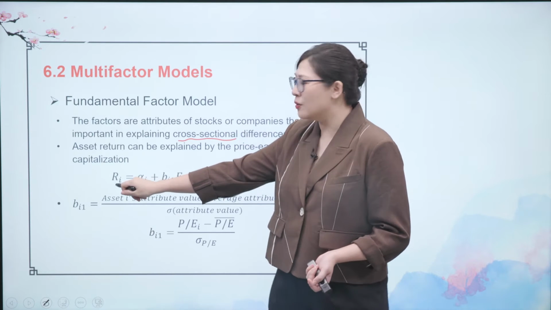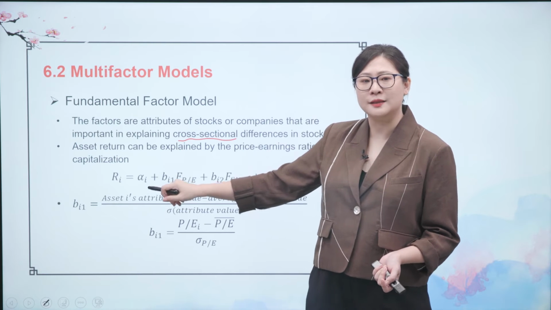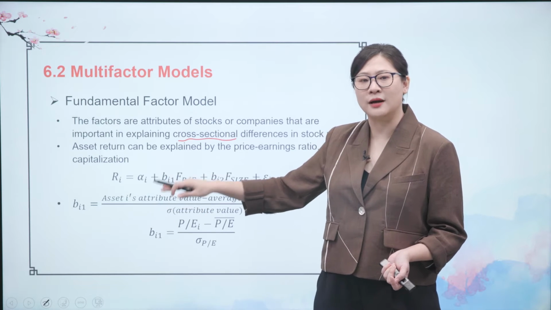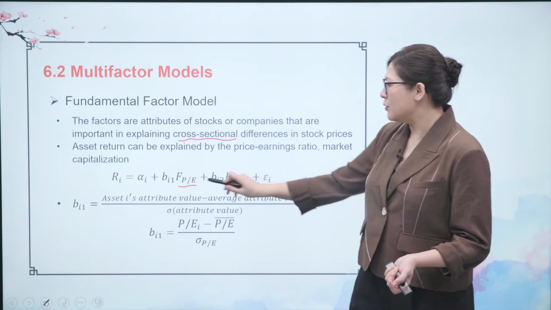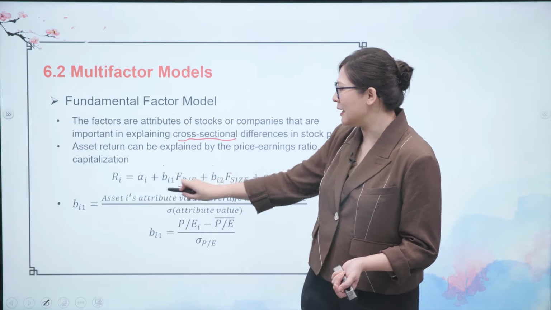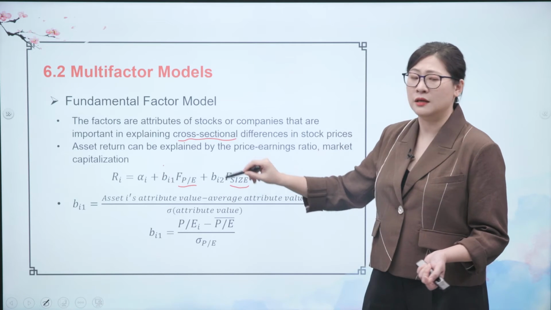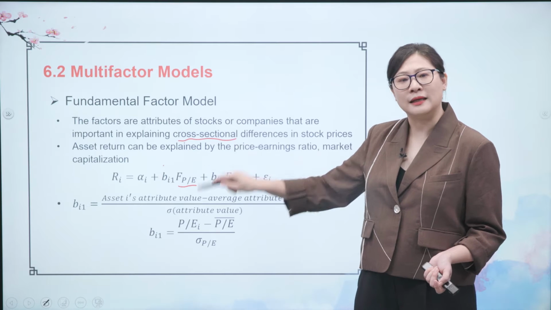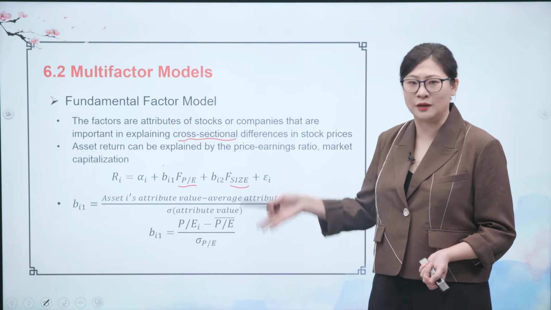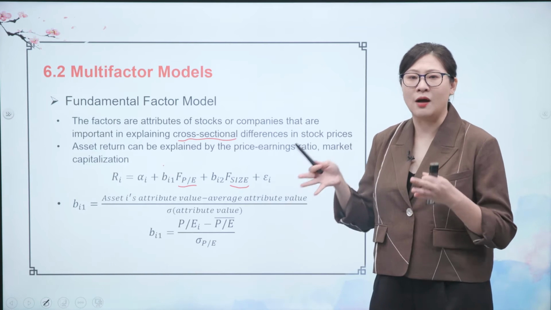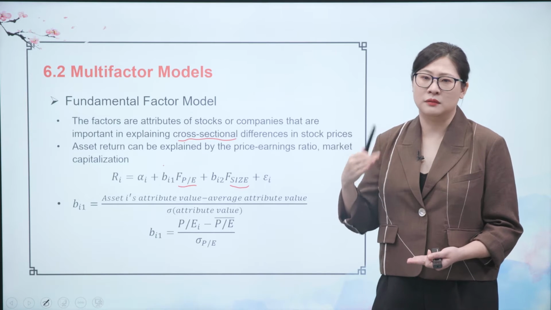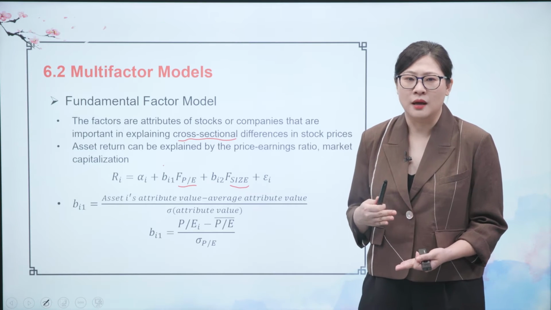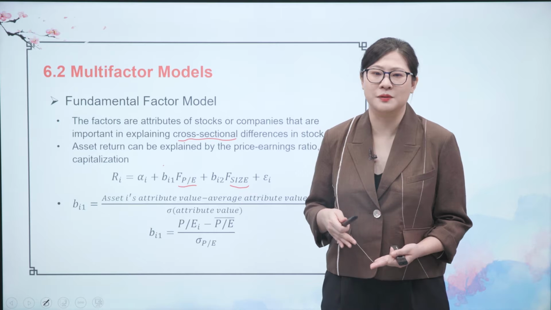Here you have Guizhou Maotai's return, Wuliangye's return, and so on for the 30 stocks. And here you have Guizhou Maotai's B1 and Wuliangye's B1, etc. So that's the cross-sectional data. All the data come together based on different companies. It's not based on the time series.